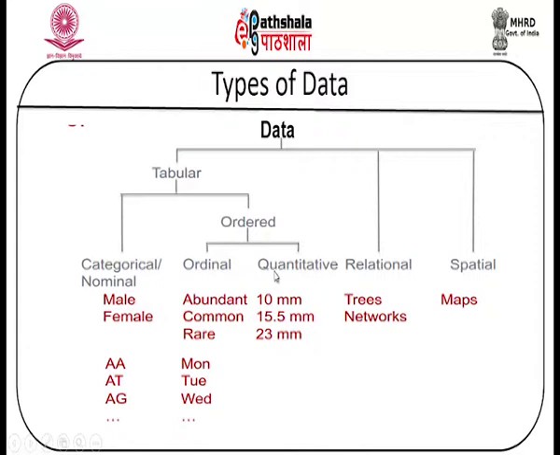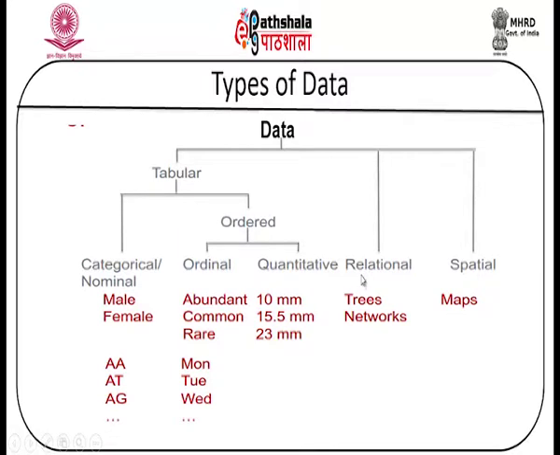In the case of quantitative data, we need to represent the data with respect to some quantitative values. For example, we try to represent the rainfall in a particular location. So we say 10 millimeters, 15.5 millimeters, 23 millimeters. All these are good examples of the quantitative data type.